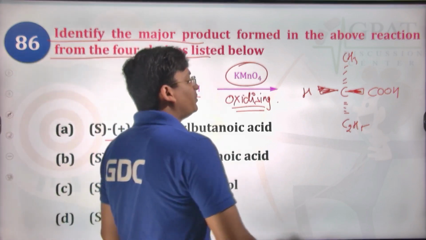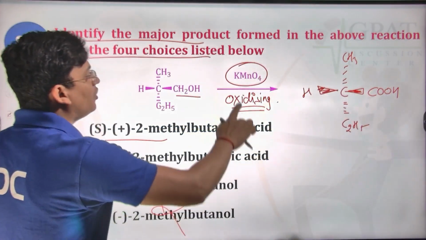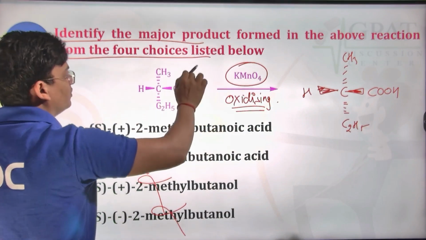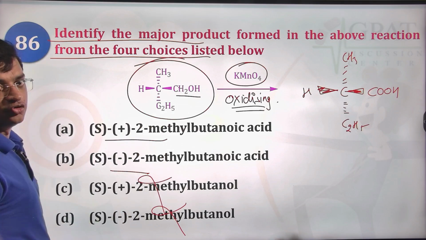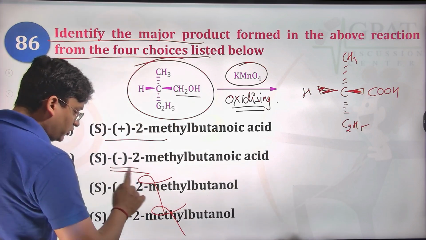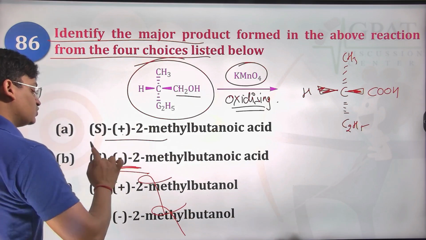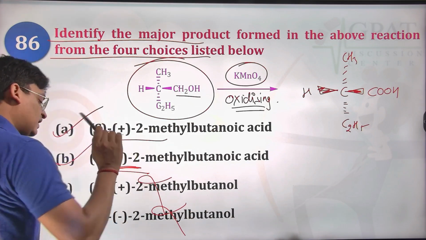So we cannot predict the exact configuration, whether it is plus or minus, and it is also not listed what kind of configuration we have in 2-methyl butanol. So we will go only with the positive sides, not the negative configurations. Both are correct answers, no doubt.